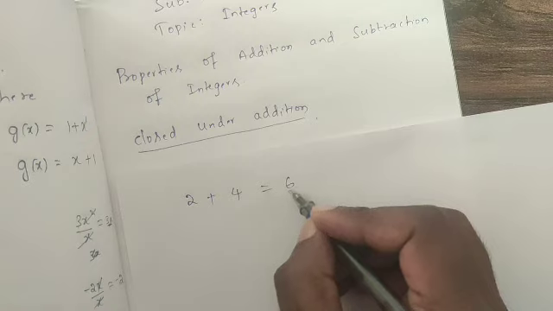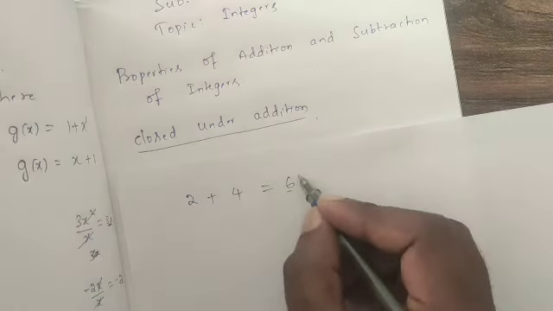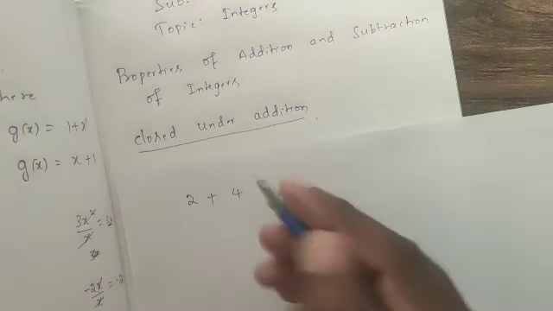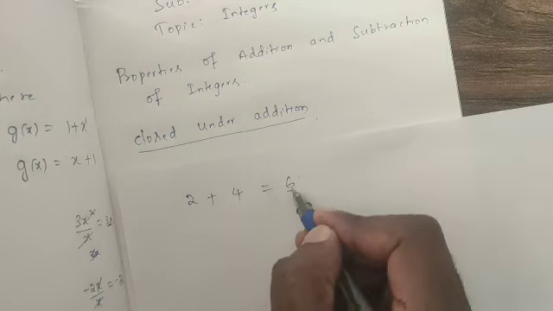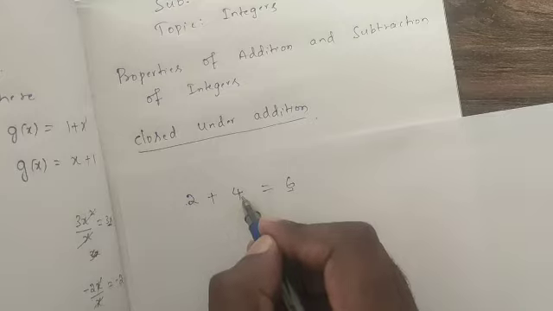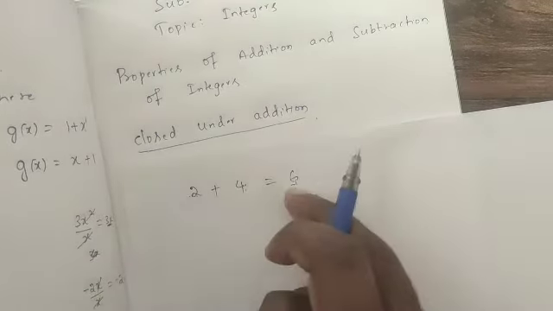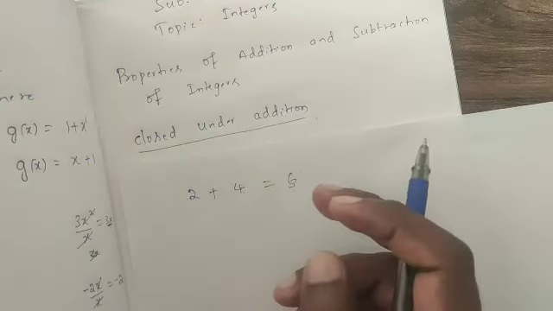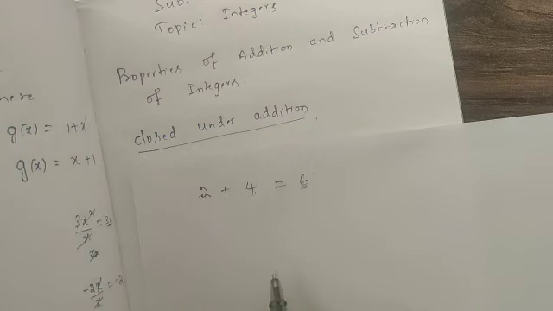This 6 is the result if you add these two. Does this result belong to integers or not? Of course, 6 is an integer, right? That means if you add two integers, the result is also an integer. That is called closed under addition.